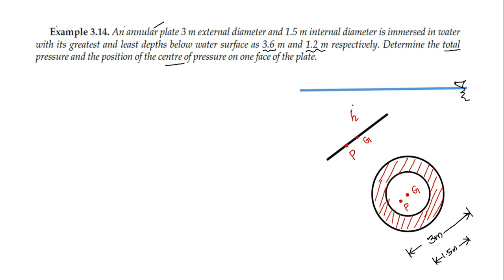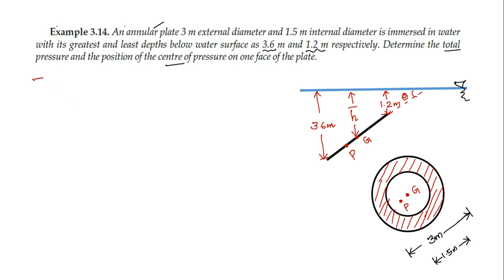This vertical distance is h bar. The least depth is at a distance of 1.2 meter from the free water surface and the greatest depth is at a distance of 3.6 meter from the free water surface. This angle is given by theta.